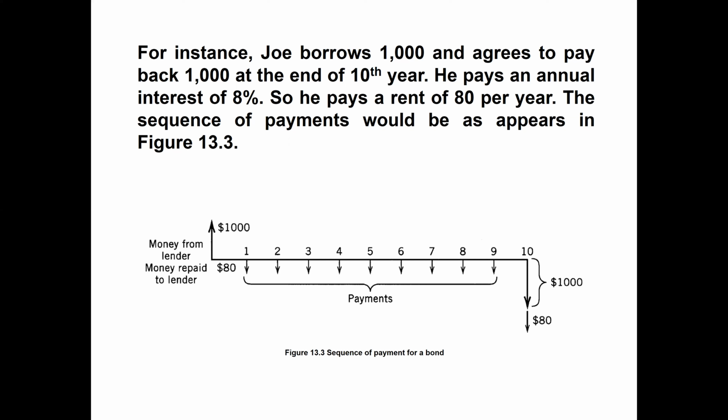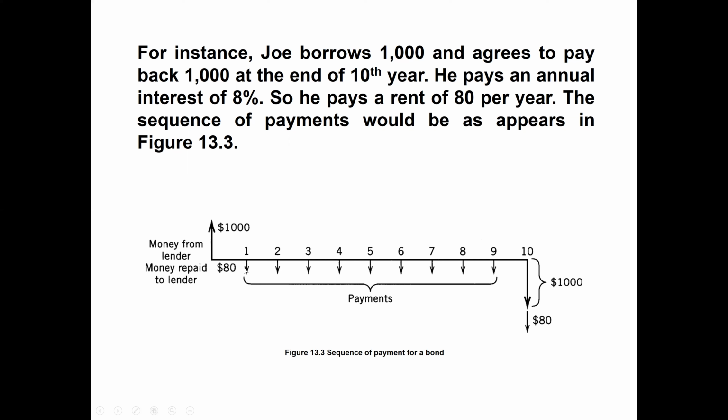The sequence of payment would be as appears in the figure below. So in 30.3 there is a figure. Here is the loan they are going to get, $1,000, and after 10 years they will return this $1,000. So every year the rent they are going to pay is what they agreed, 8%. So every year they will pay $80, yearly or monthly payments, whatever way they agreed.